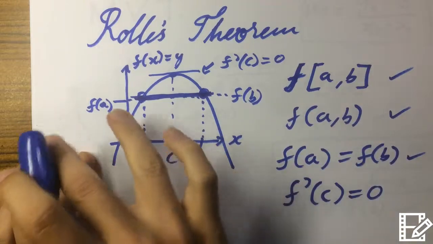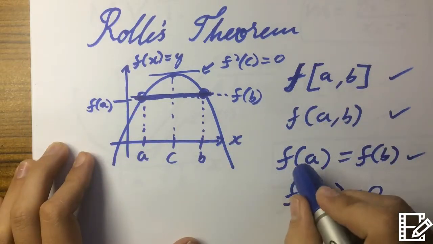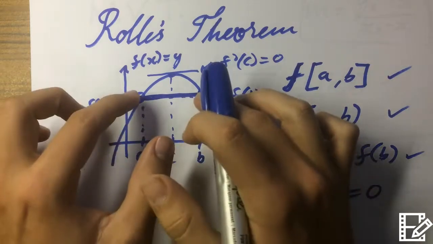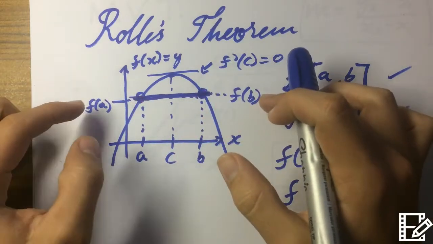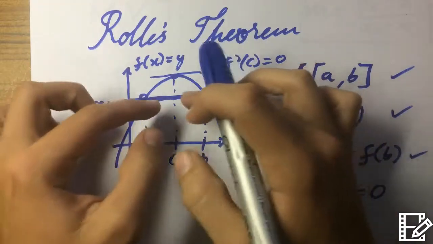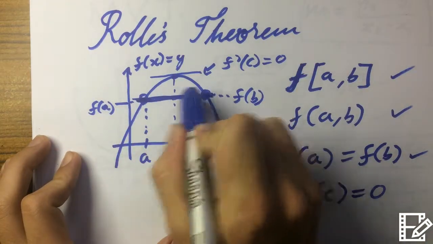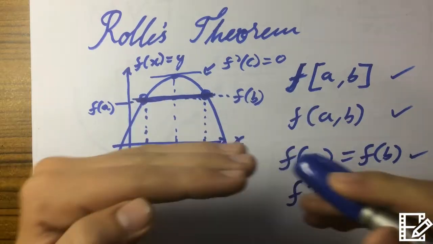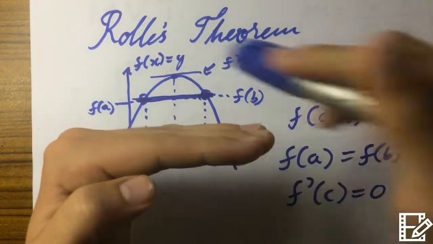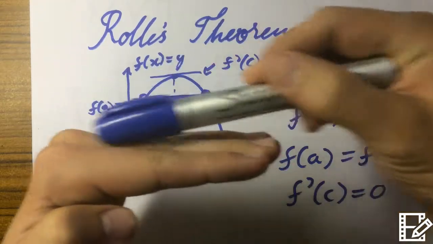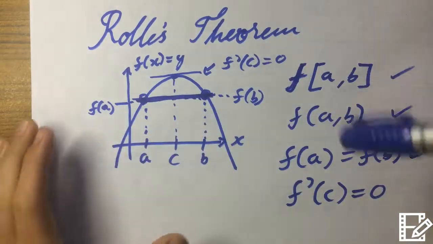In this case a and b are different values, but f of a and f of b equal the same thing. Therefore, the average slope across both of them is 0 because it's flat. Therefore, the slope is 0.